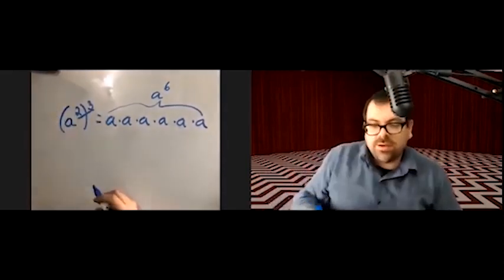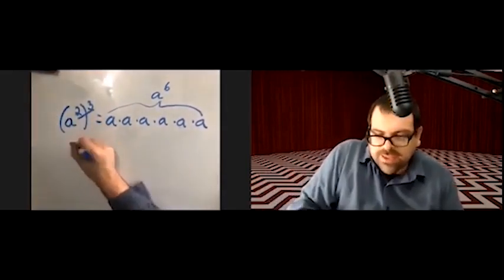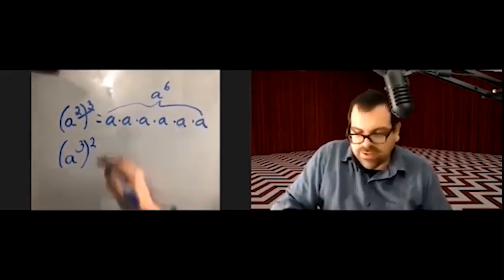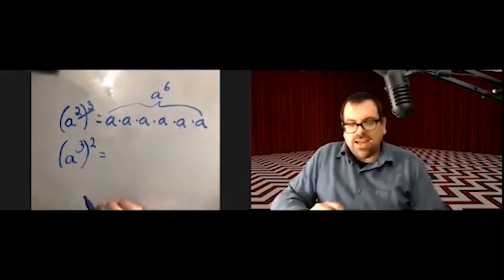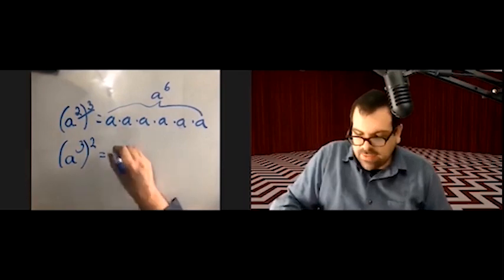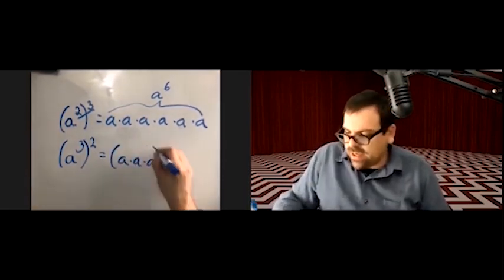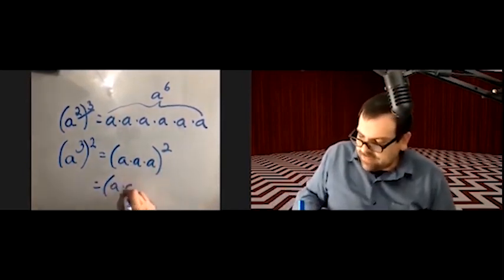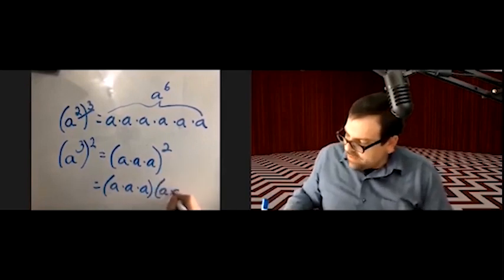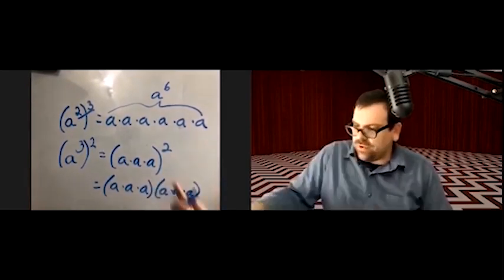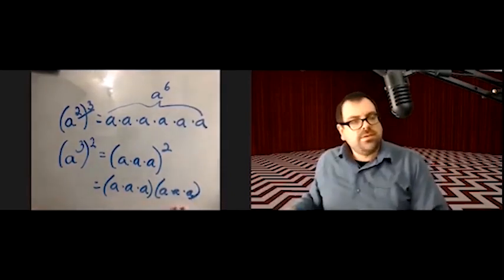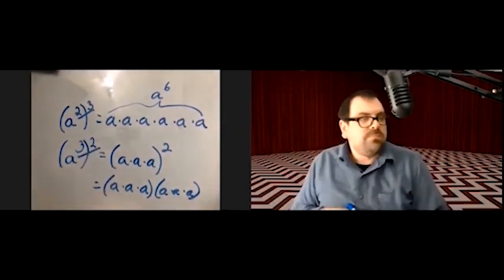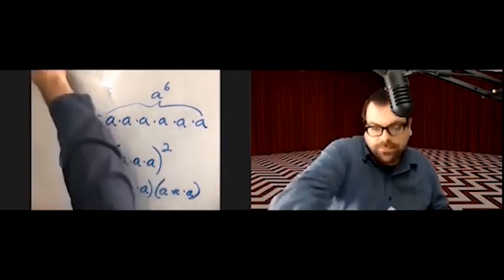Well, watch this. 2 times 3 would be the same as 3 times 2. So we should get the exact same answer for a cubed squared. And that makes sense because it's a cubed times a cubed, which would be a times a times a times itself, which is a total of 6 a's, a to the 6th. So when we have a power raised to a power, we multiply the exponents.